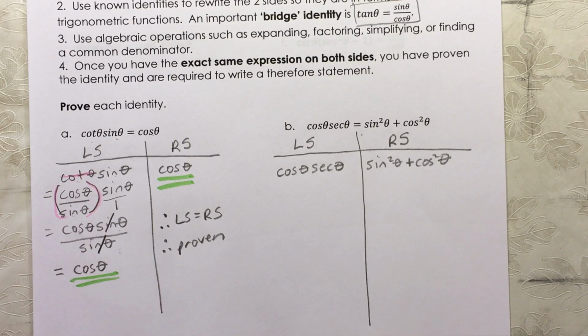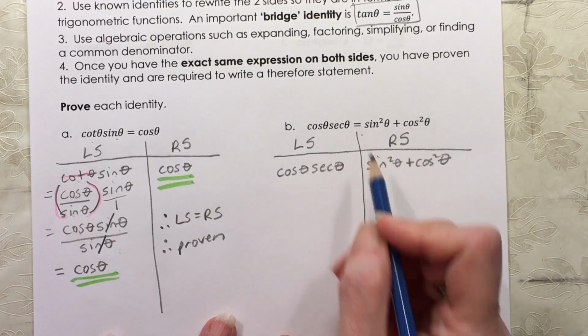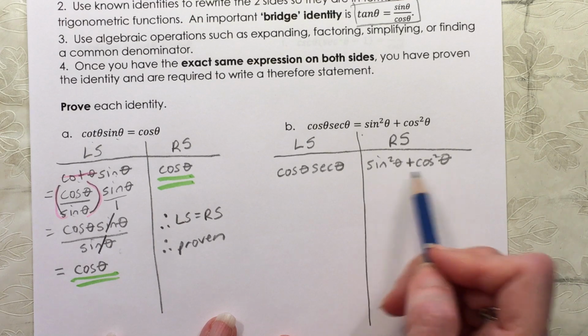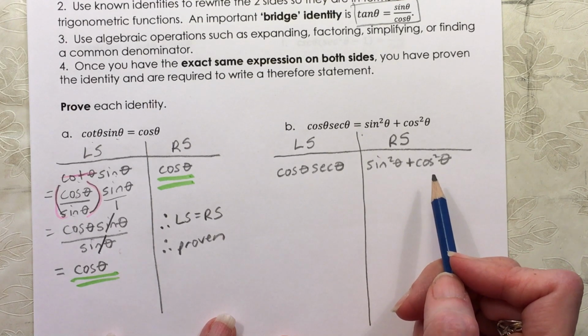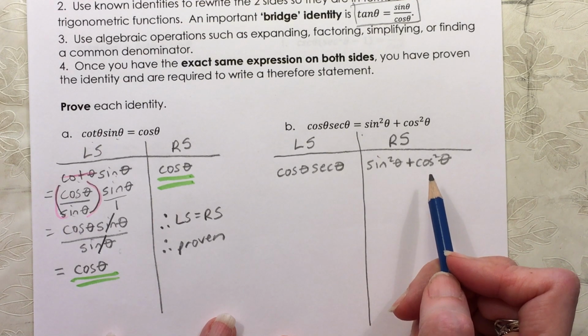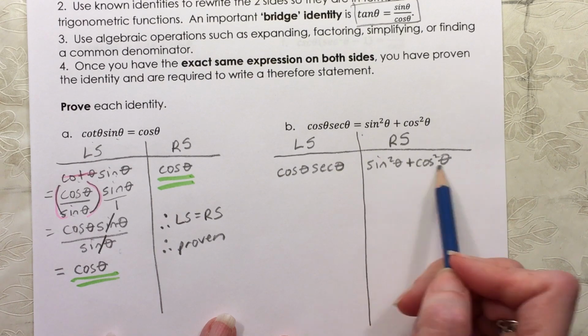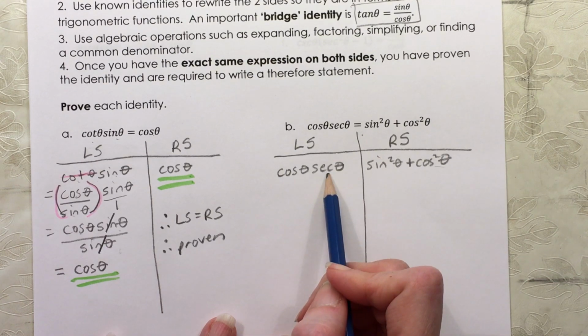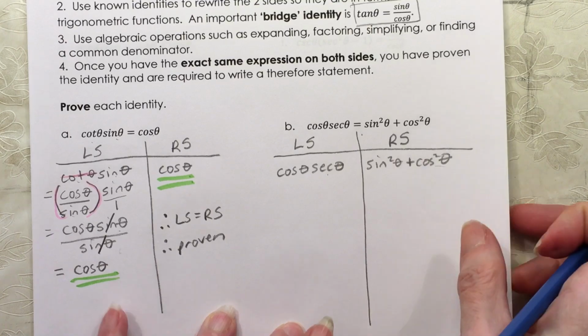So this one's kind of a toss-up on which side's more complicated. Maybe I'll start with the left side because I see the right side has sine and cos, and I kind of feel like sine and cos are building blocks. So if one side's got sine and cos and the other one has something other than a sine or a cos, there's lots of identities from this sheet that you can use.